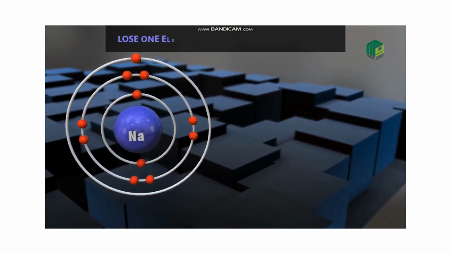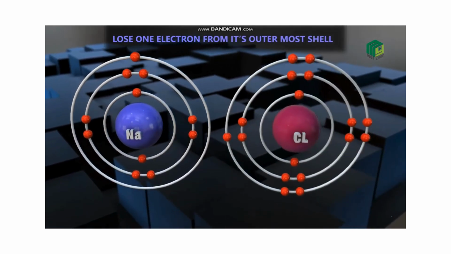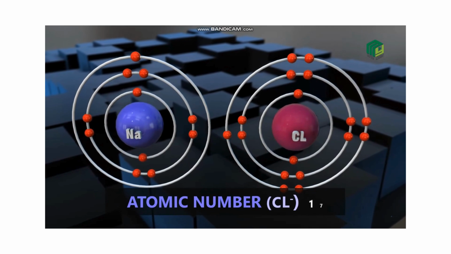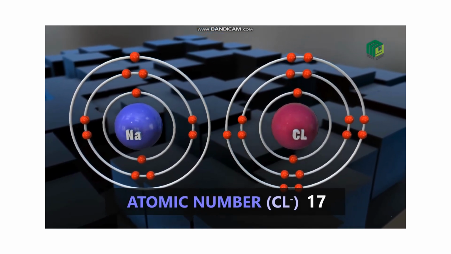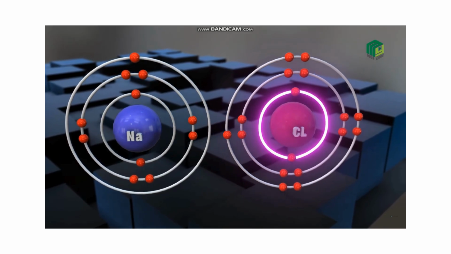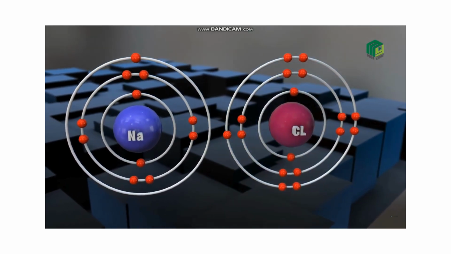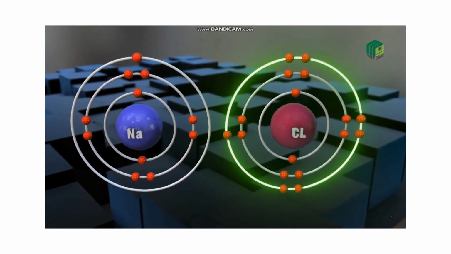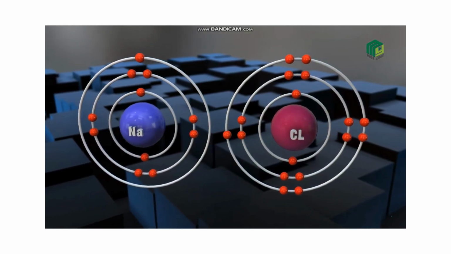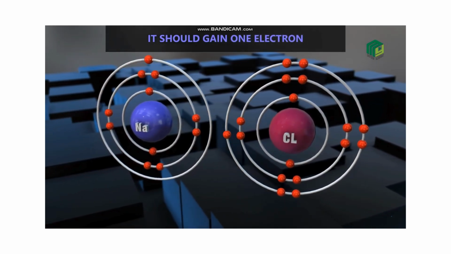To complete its octet, it should lose 1 electron from its outermost shell. The atomic number of chlorine is 17. It consists of 2 electrons in K shell, 8 electrons in L shell, and 7 electrons in M shell. To complete its octet, it should gain 1 electron.